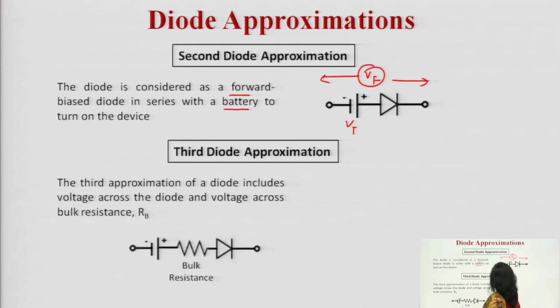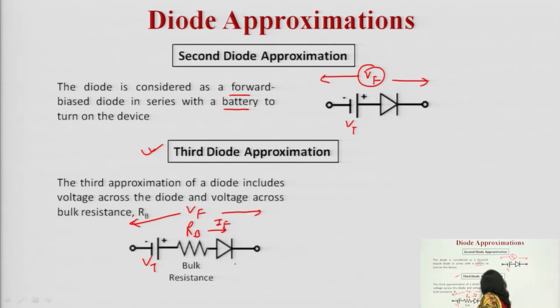Third diode approximation. In the third condition, the internal resistance, the diode resistance, is also taken into consideration. You can see over here a term for the bulk resistance Rb, this is Vt, and the applied potential will be reflected in between these two ends. If I is the current passing through this particular diode, let us write IF.